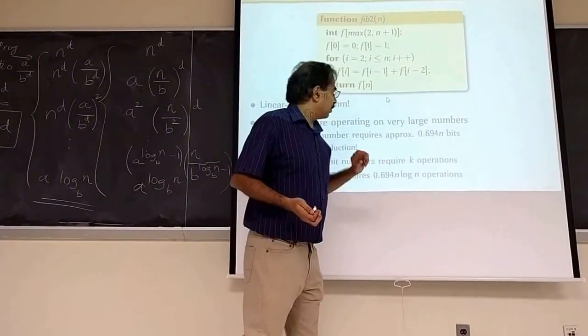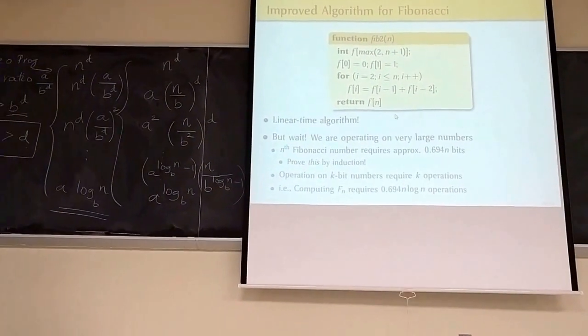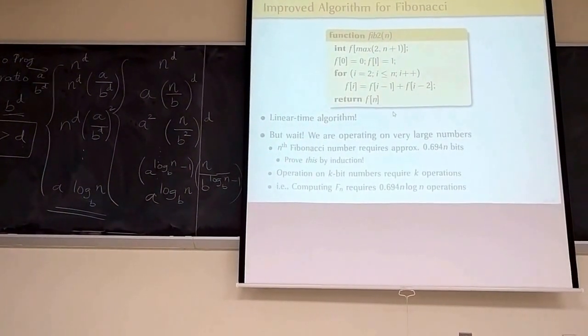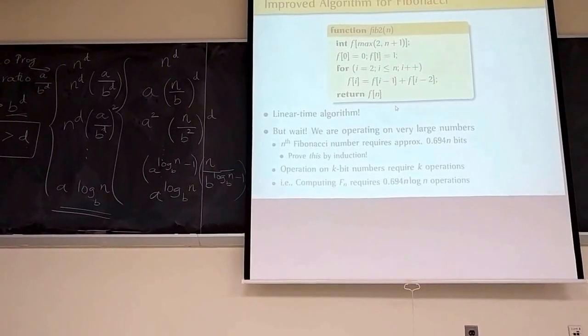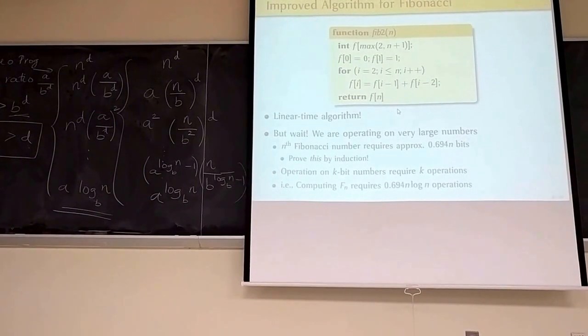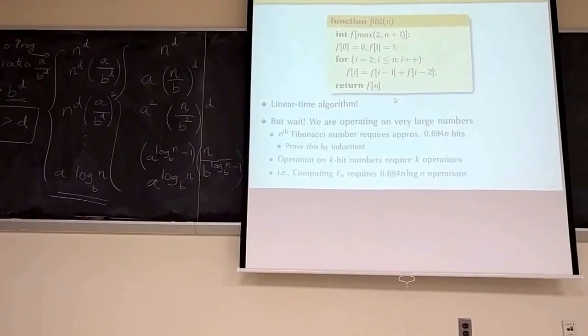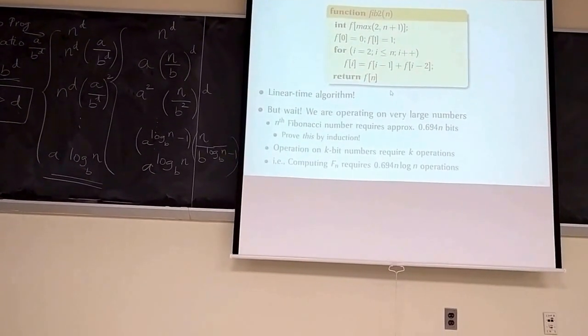So for instance, the nth Fibonacci number needs about 0.7n bits, right? So if you want the 1000th Fibonacci number, that needs 700 bits, right? So clearly, you can't assume that's going to be less than 64, right?